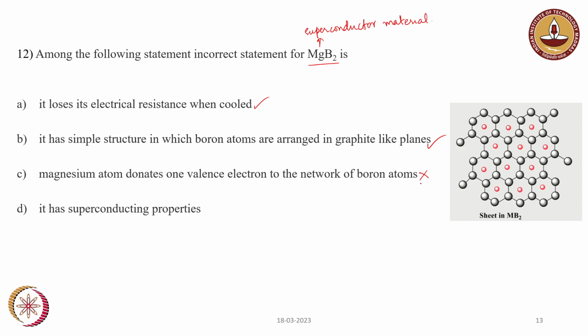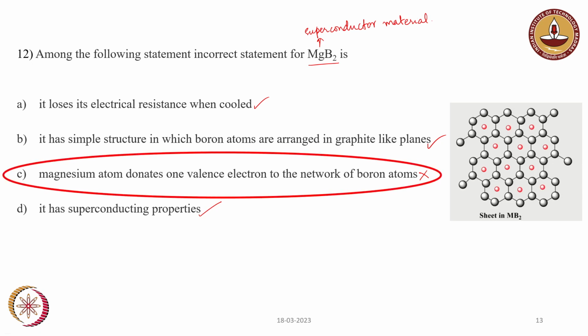So this statement is wrong. And option D, it has superconducting properties, which is correct because it will have almost zero resistance at low temperatures. So the answer is option C, which is the incorrect statement.